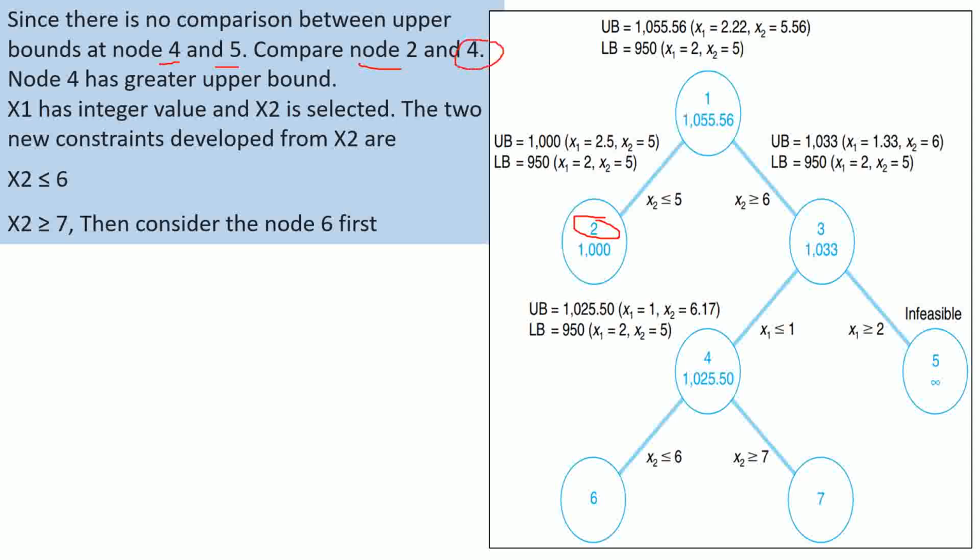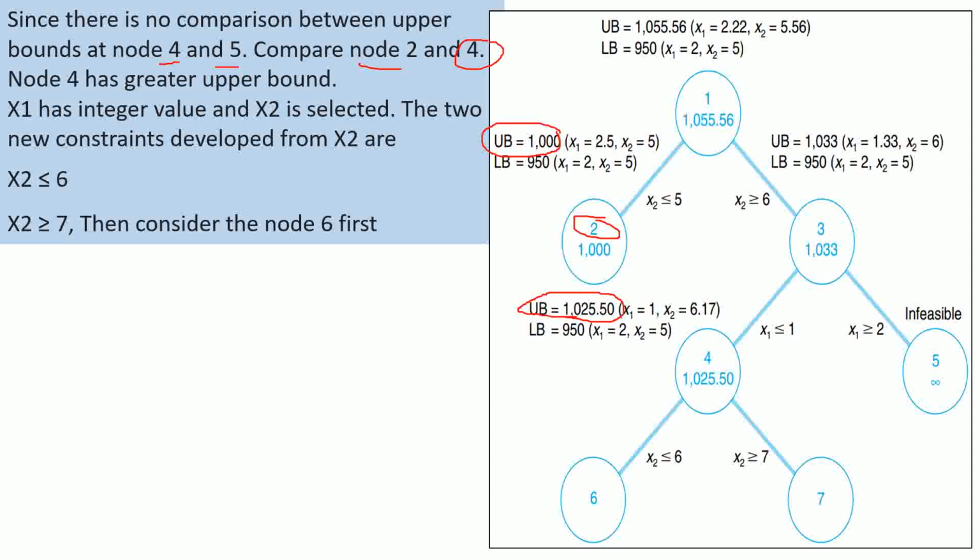Node 4 has the greatest upper bound. As you see, the upper bound of node 4, 1025.5, is greater than the upper bound of node 2, that is 1000. So let's start from node 4, which has the greater upper bound.